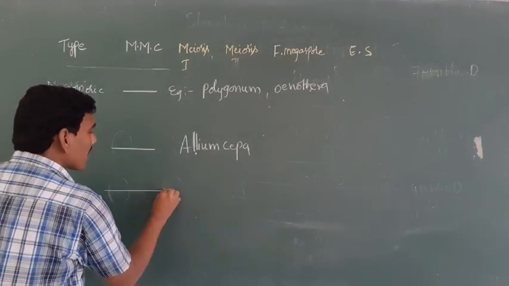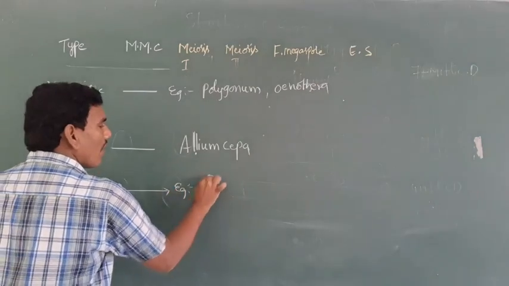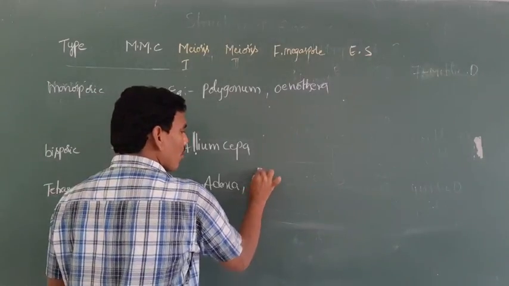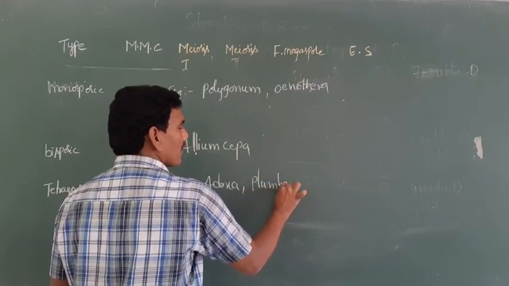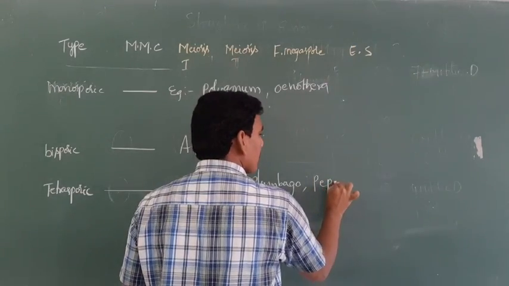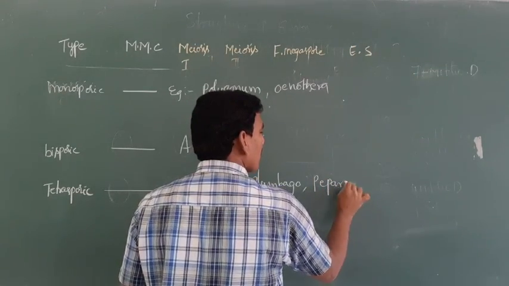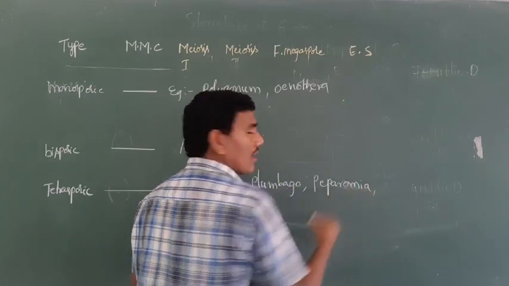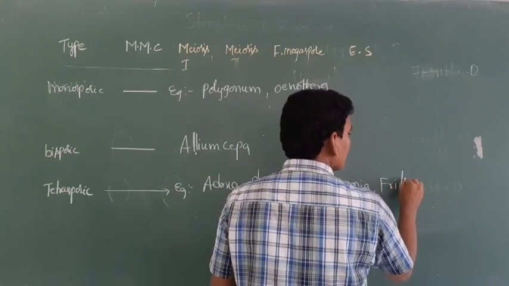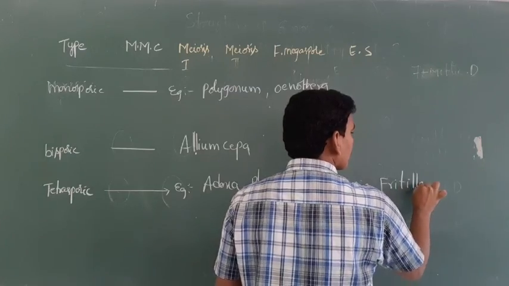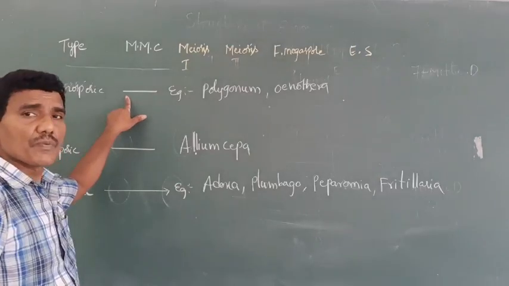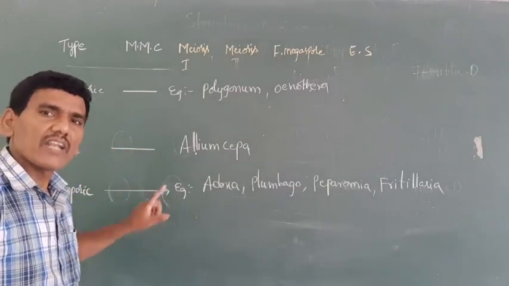Tetrasporic type of example, Adoxa, Plumbago, Peperomia, and one more is Fritillaria. These are examples of monosporic, bisporic, tetrasporic.